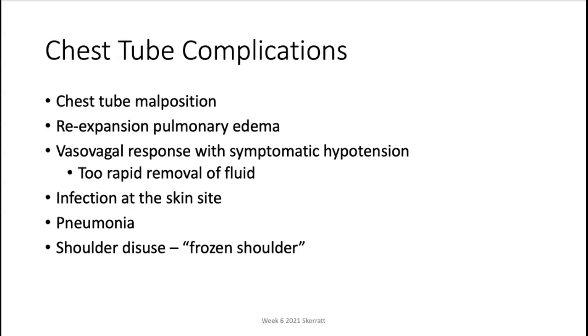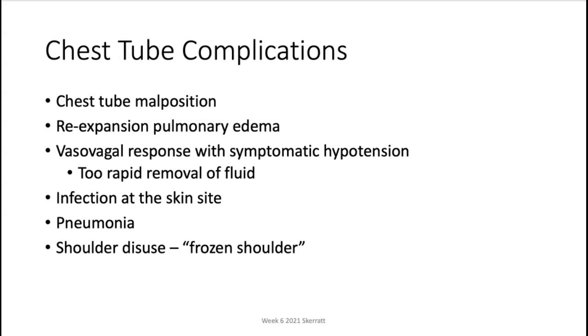A vasovagal response can happen with symptomatic hypotension, and it can occur from too rapid removal of fluid. Infection at the skin site: use meticulous sterile technique. Sterile technique depends on the protocol within your institution, but meticulous technique during dressing changes can reduce the incidence of infected sites.